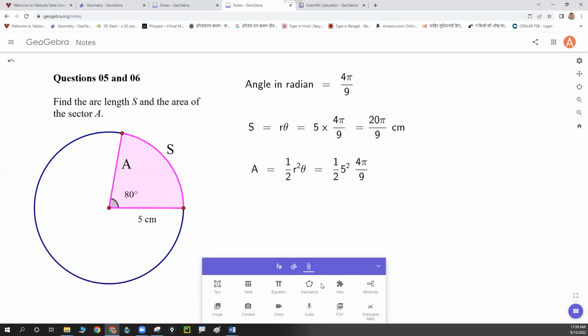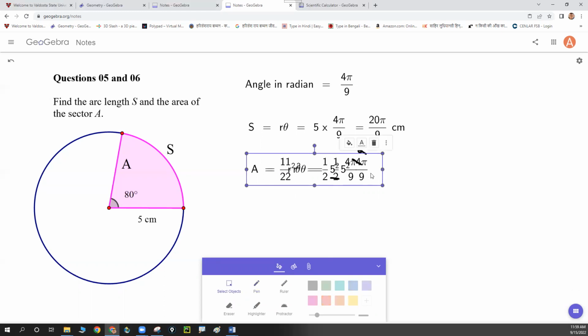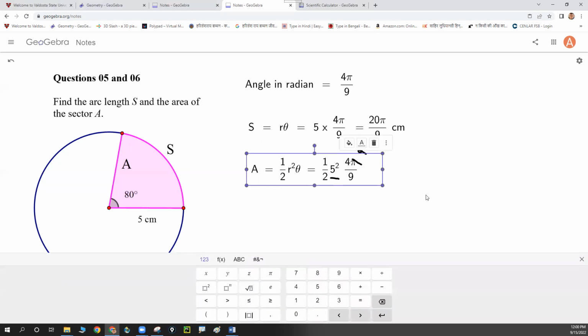Okay, you can cancel these two. You're going to get a 2, right? And 5 squared is 25. 25 times 2 is 50. So I'm going to write here 50 pi over 9. Done. That's your answer. Square centimeter.